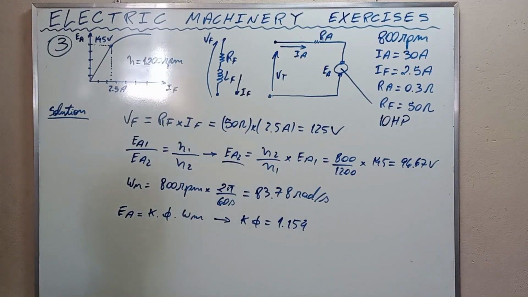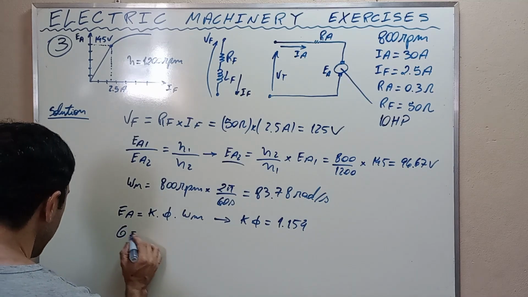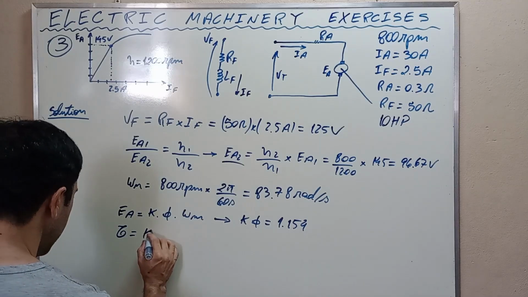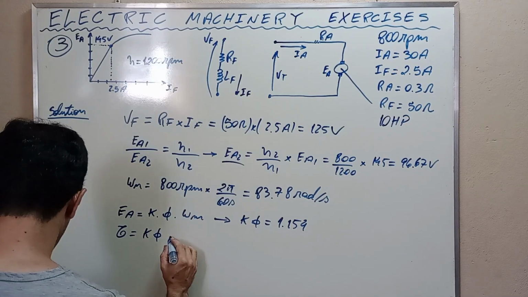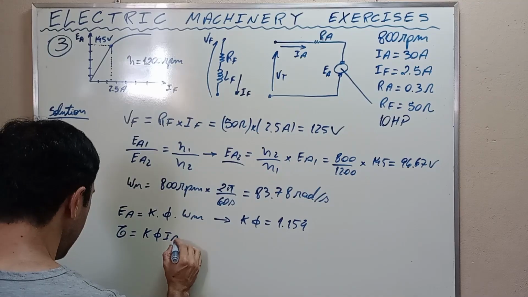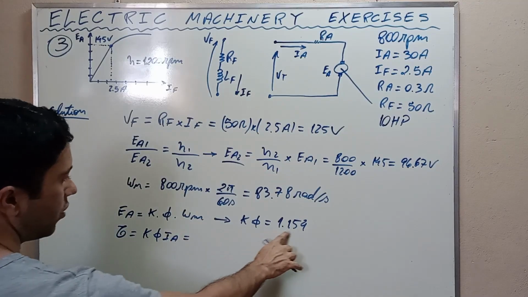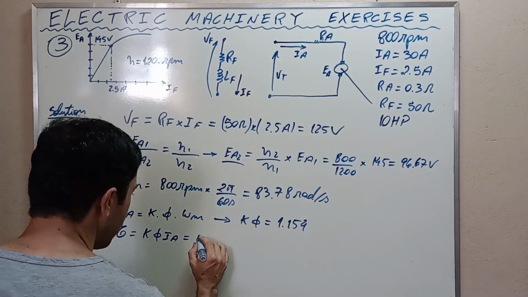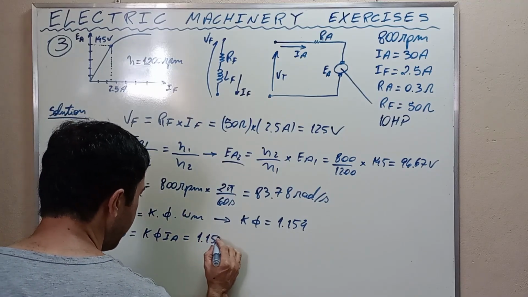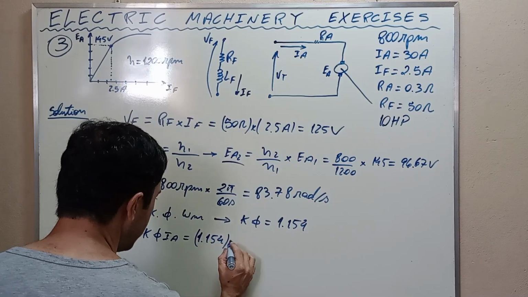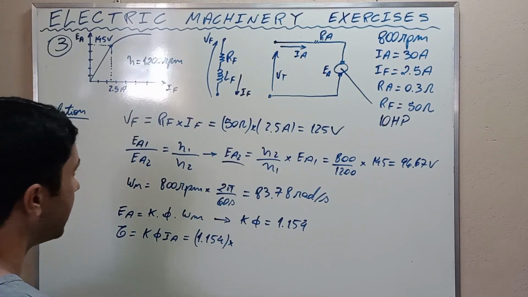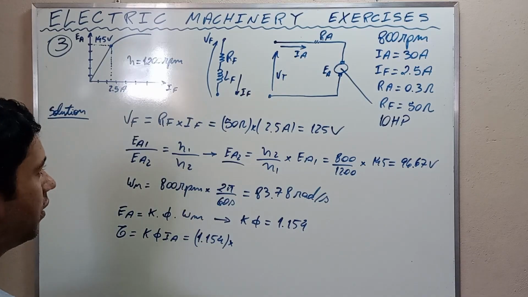The expression for the developed torque is tau equal to K times phi times IA, okay? And we already know the value of this parameter here, and it is 1.154 multiplying IA, and IA is 30, okay?